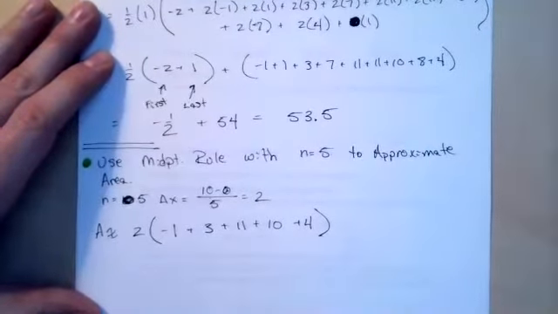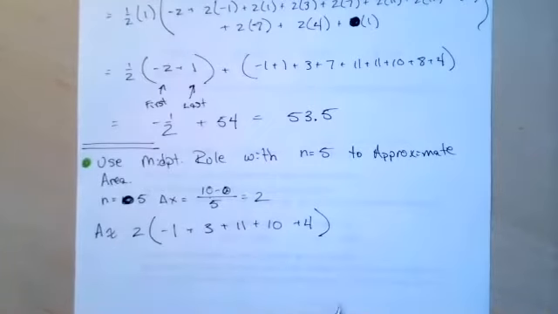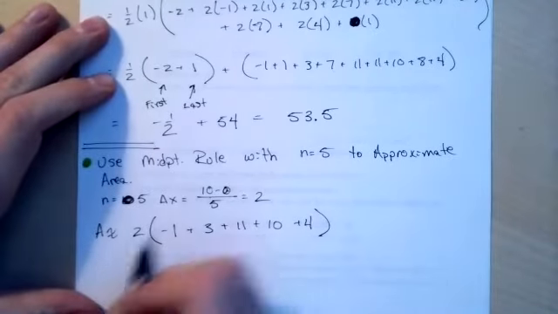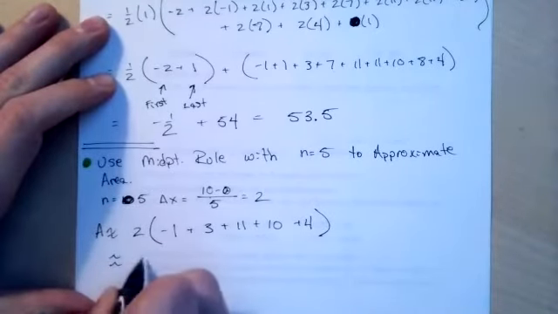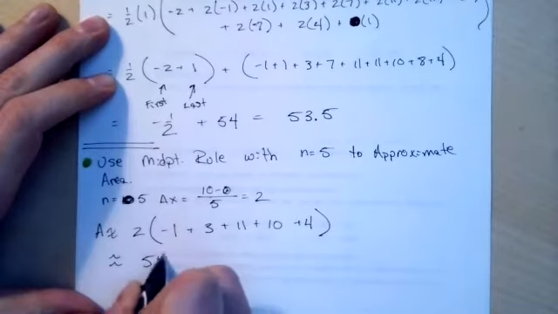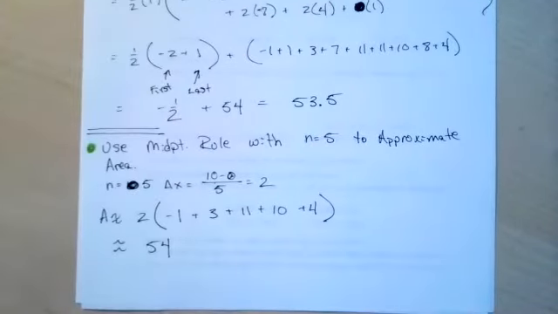So add them all up, times 2. Basic arithmetic here. What do we get? 2 and 11 is 13, 27, 23, 27 times 2. And look at what we got. Actually, a really close answer.